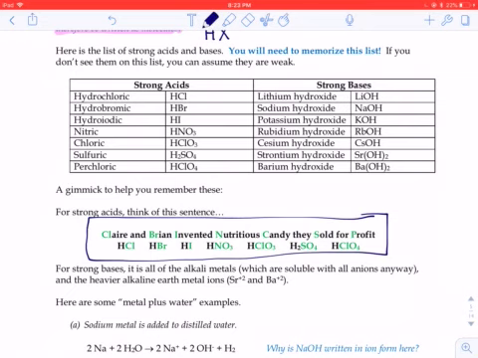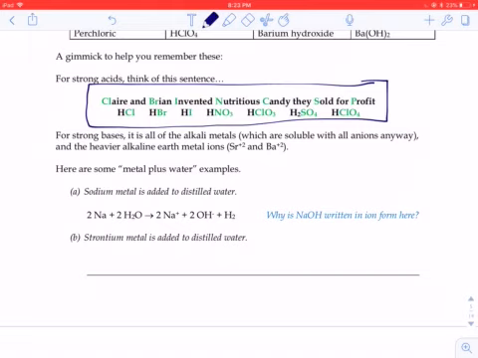So in this first example, we have sodium being added to some water. And so again, if we think about that water as being HOH, you have the sodium combining with the hydroxide there. Sodium combining with the hydroxide ion, and it kicks out the hydrogen, turning it into hydrogen gas over there.